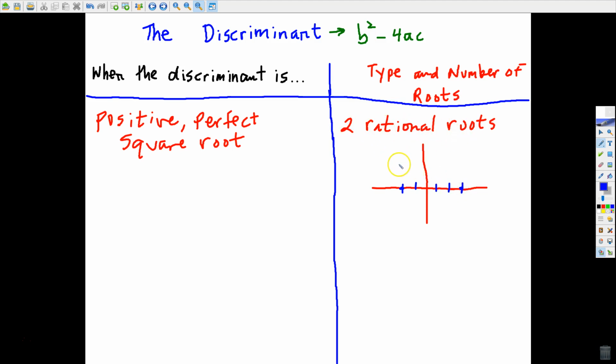Two rational roots means that we have two x-intercepts. Just draw you a rough sketch of some parabola here. And where we cross the x-axis, in other words, will not be decimals or fractions. They're just regular, nice, clean numbers. When the discriminant is positive and the number has a perfect square root.